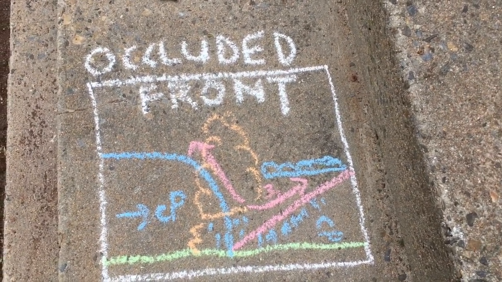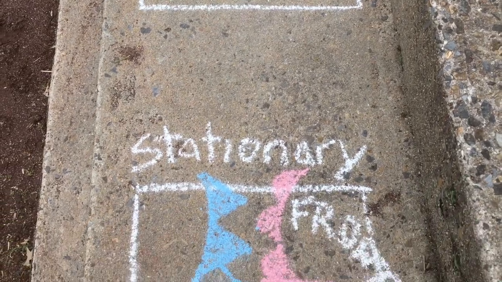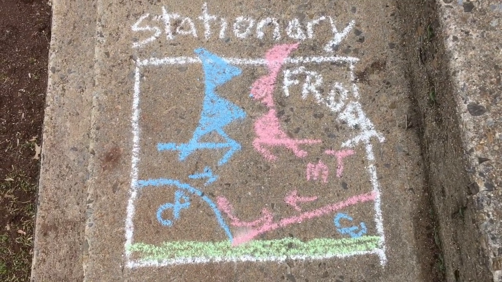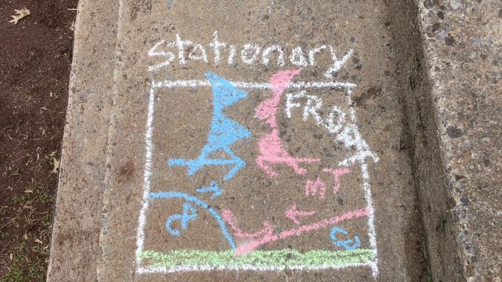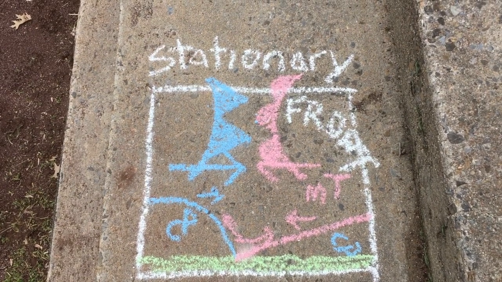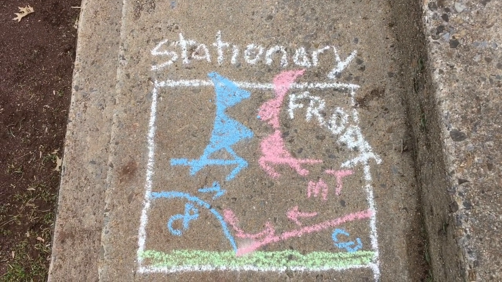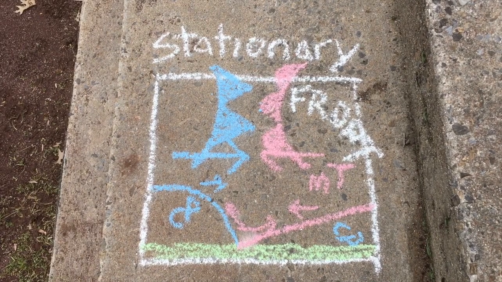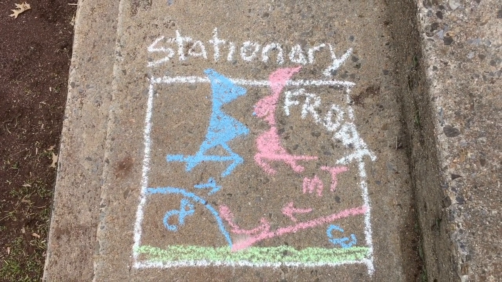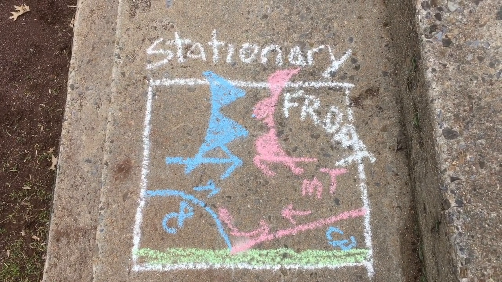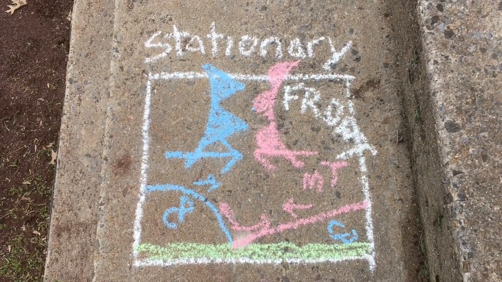And finally, our stationary front, where a cold front meets a warm front, and neither can move, and over an area for several days, unsettled but not tremendously stormy weather.